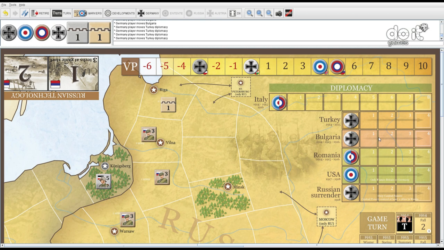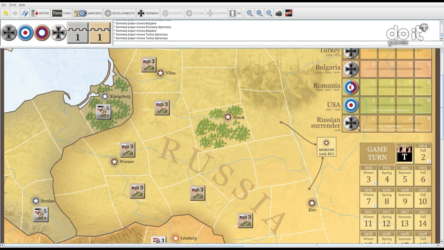One important thing: if at the end of the game you didn't achieve Bulgaria and Romania ends, then instead of winning 1 victory point, you lose 1 victory point. That victory point always affects both countries of the coalition.